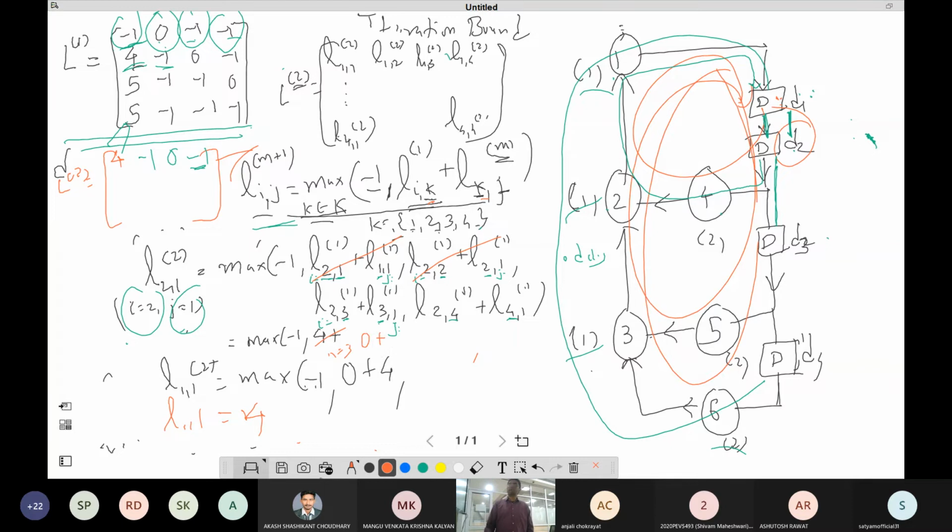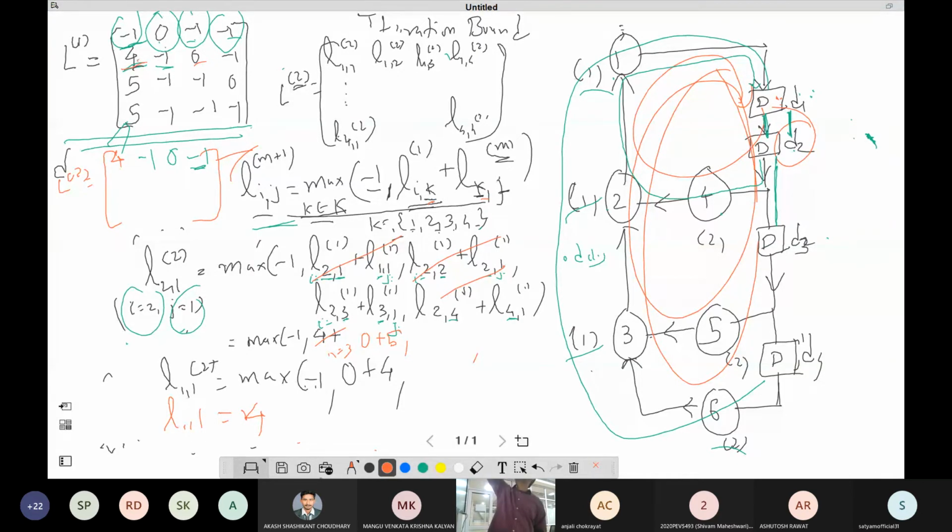L31 is 5. L24 does not exist. So that means here I only need to consider two values, L21 and this one, L23. Apart from that, these two do not exist.